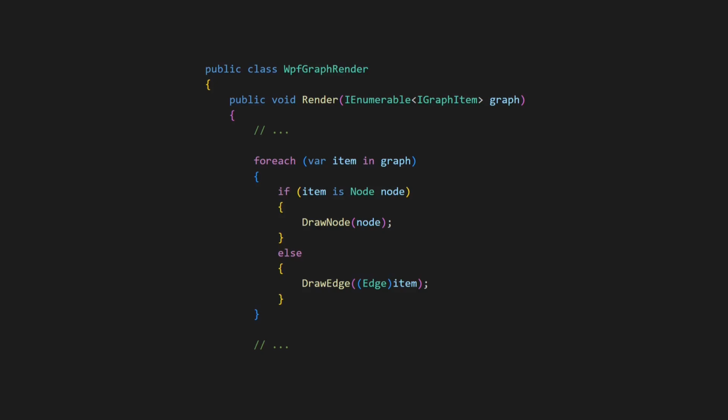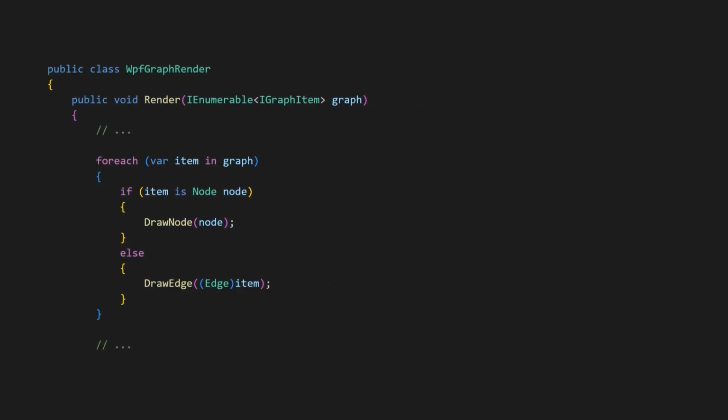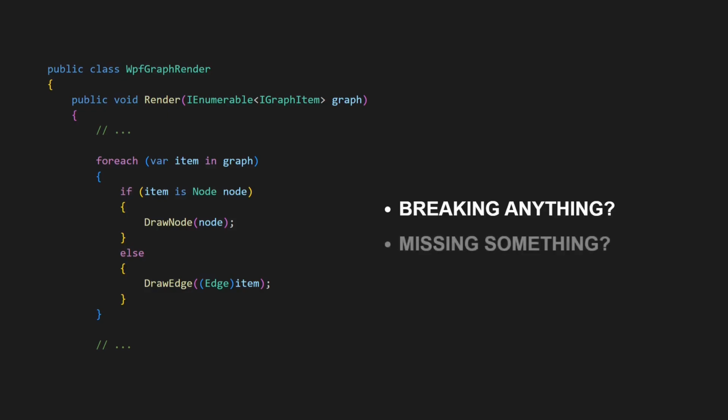This change may look simple, but generally speaking, when modifying existing code, there's always the risk of breaking existing functionality. Furthermore, we have to find all the places like this where nodes or edges are treated separately, which always includes the risk of missing one of such places. And finally, depending on the change, it might be necessary to recompile and even to redeploy all depending modules.